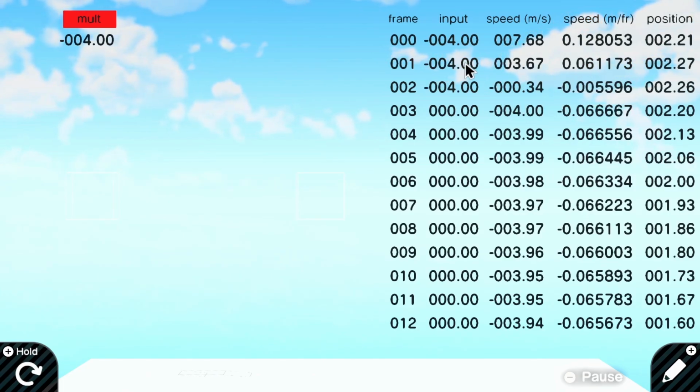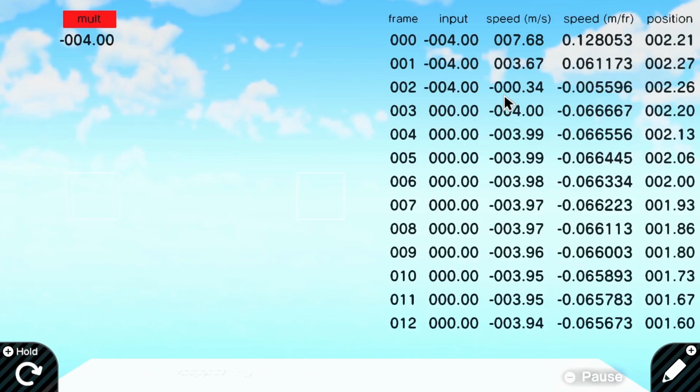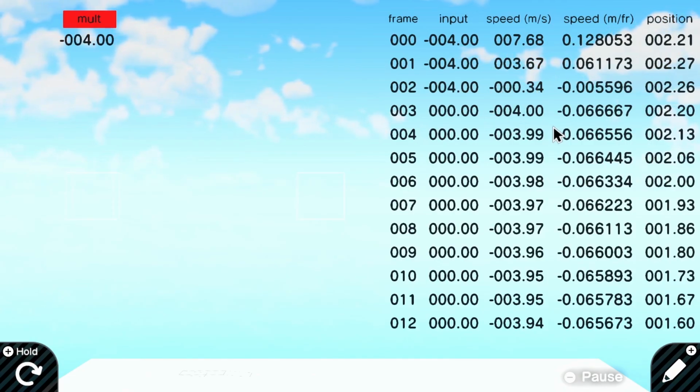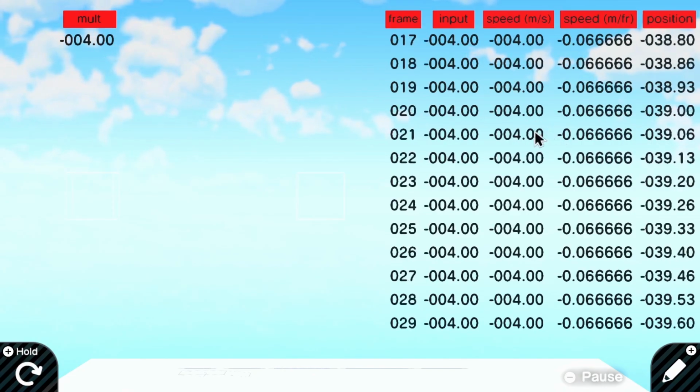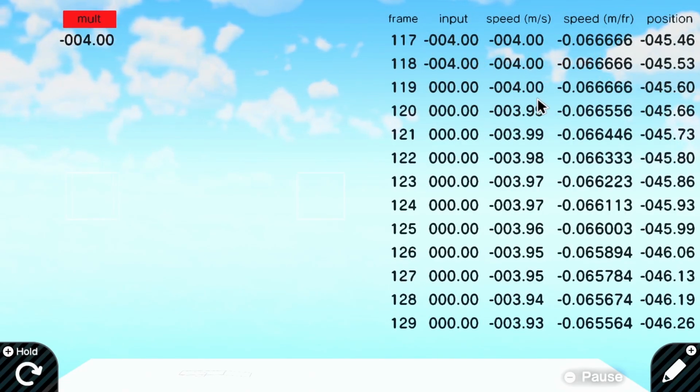And only then will the speed setting kick in and see that it's trying to accelerate to negative 4.34, but that's larger than our input of negative 4, so let's just cap it to negative 4. If you keep sending it negative 4, it's just going to cap it at negative 4.